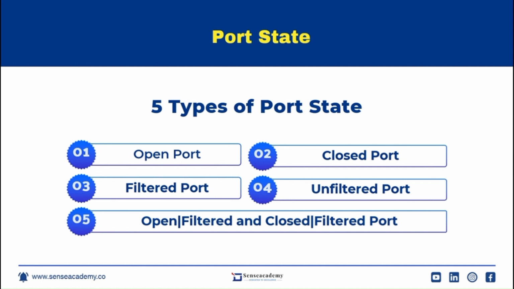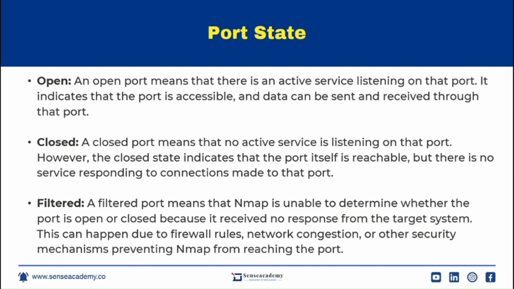Let's talk about them one by one. The very first is the open port. From the open state you can get to know that this particular application or service is active and listening, which means you are able to communicate with that specific service on the network.